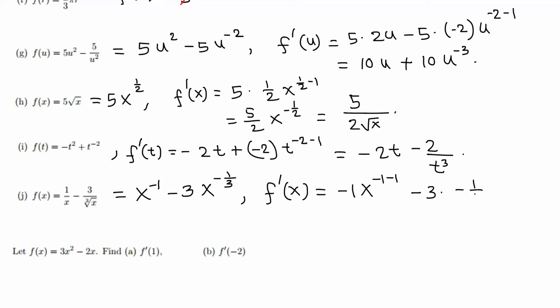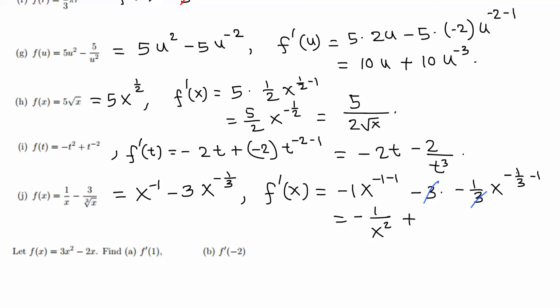So n is negative 1/3, x^(n-1), negative 1/3 minus 1, which is negative 4/3. Let's simplify. x raised to negative 2, this is negative 1. x raised to negative 2, we can put on the bottom so that it becomes positive. And now this 3 on the top and 3 on the bottom cancel. So negative negative is positive, and 1.